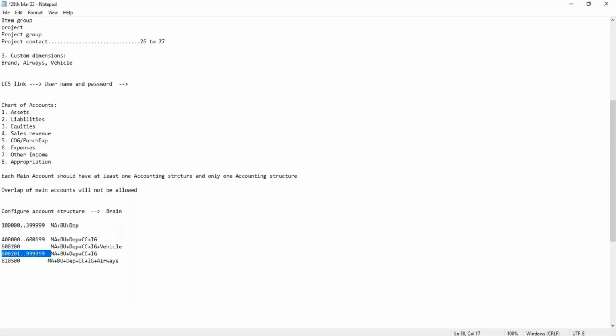This is 610499. Next, this is 610501, and this is 610999. Is it fulfilled? Perfect.